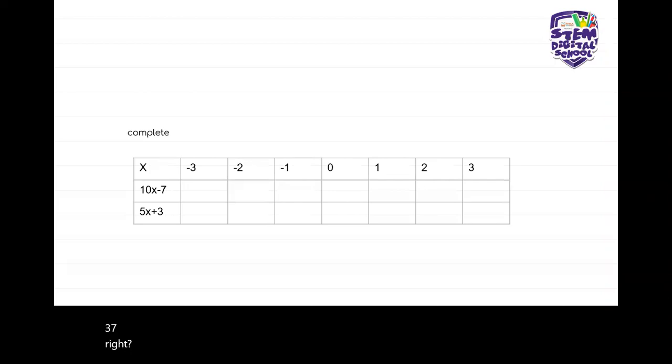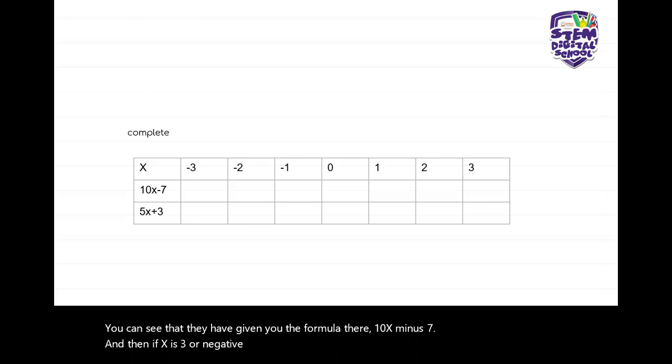That is what we mean when we substitute x values. So you can see that I've given you the formula there, 10x minus 7. If x is negative 3, then y will be equal to 10 and then open bracket negative 3, close the bracket, thereafter you subtract 7.